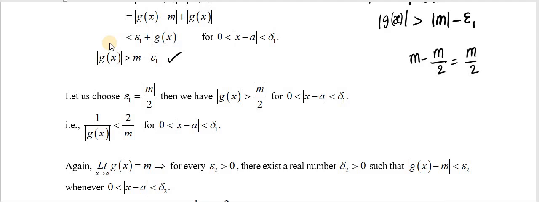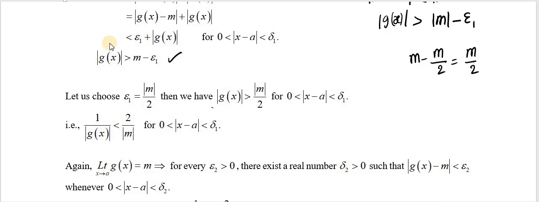Whenever we choose epsilon 1 as mod m by 2, then we are going to get mod g of x is greater than mod m by 2 for 0 less than mod x minus a less than delta 1. Now we are going to reciprocate this LHS.